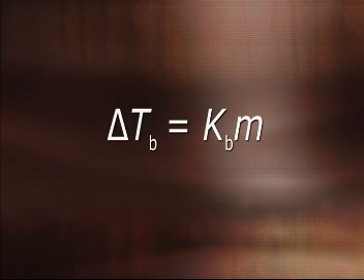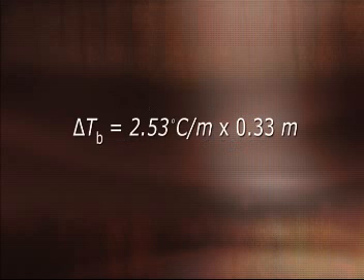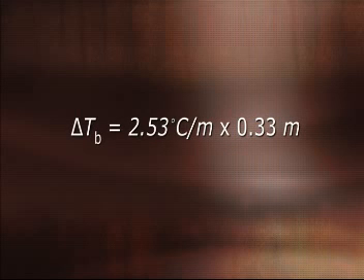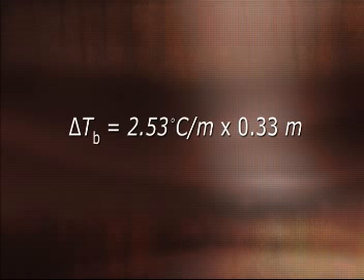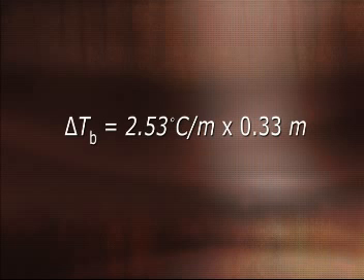We can use the information we know in the equation we looked at previously. Thus, the change, or elevation in boiling point, is equal to the molal boiling point elevation constant of benzene multiplied by the molality of the solution.